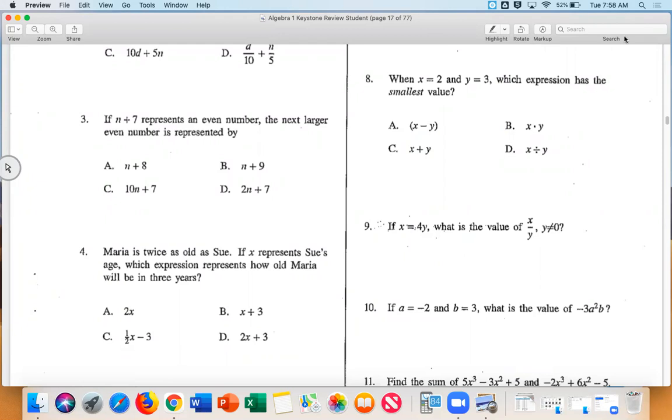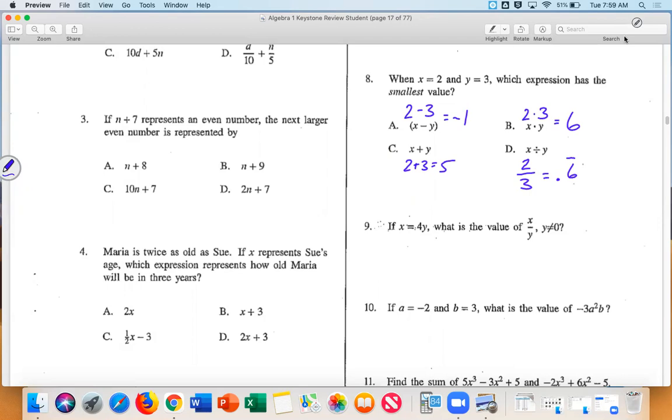So in the first one, Emma, what is 2 minus 3? -1. And then B, what is 2 times 3? 6. And C, what is 2 plus 3? 5. And in D, what is 2 divided by 3? 2/3. 2/3 or 0.6.